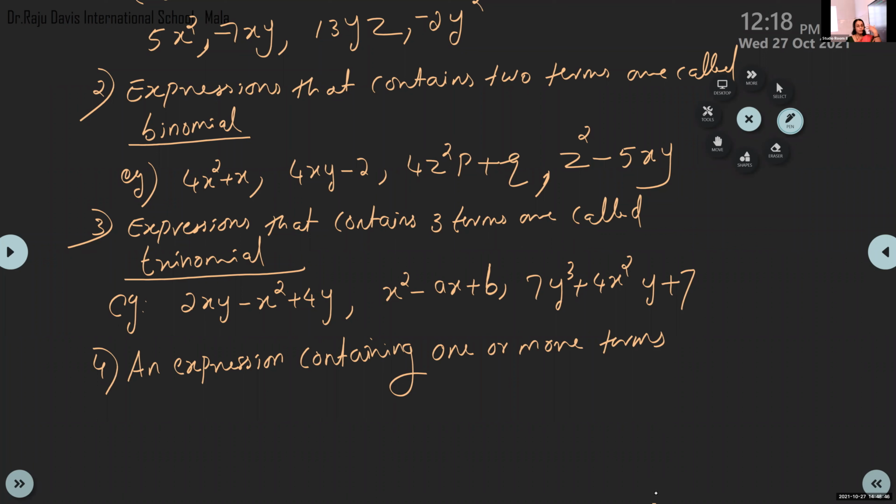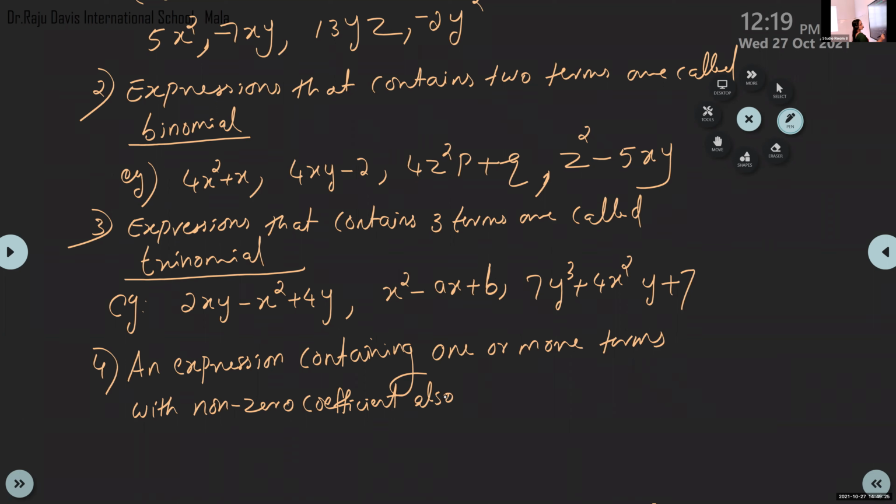Polynomial means, poly means more, that is one or more. An expression containing one or more terms is called a polynomial. There is a condition for that: one or more terms with non-zero coefficient. If a coefficient is 0, that term won't be there, it will vanish. So coefficients must be non-zero.